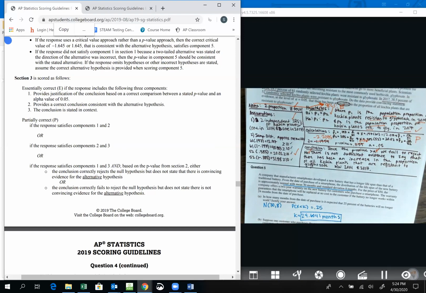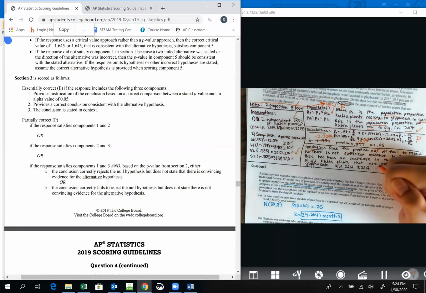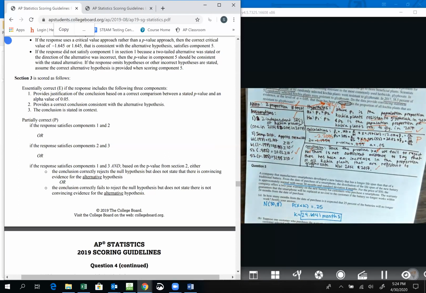Provide a correct conclusion consistent with the alternative hypothesis. I said there is not, which was consistent with my p-value, so I have it right, but you should have said there is sufficient evidence to say that there has been an increase in the proportion of all Kochia, and so on.